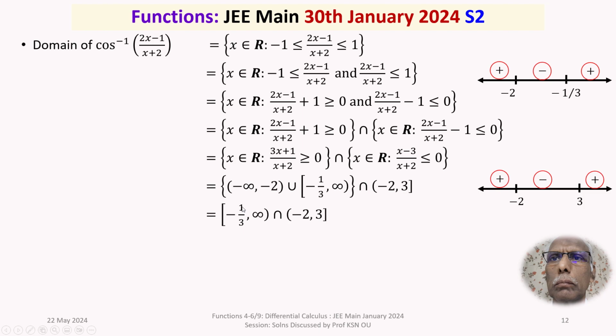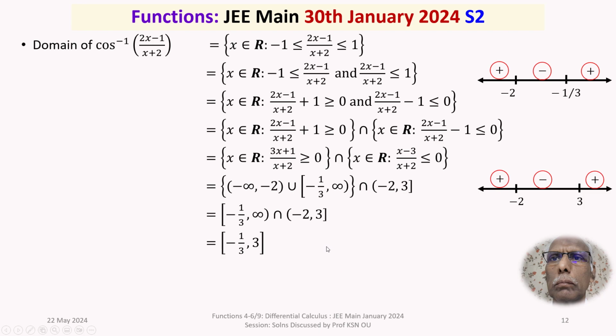Now, it is minus 1 by 3 to infinity, intersection minus 2 to 3. Now, what is common? Minus 2 is very far off, then minus 1 by 3 comes, then 3 comes, then infinity comes. What is common? Well, the common is minus 1 by 3 to 3. The smaller ones. Minus 1 by 3 to 3. So that is the domain of cos inverse.